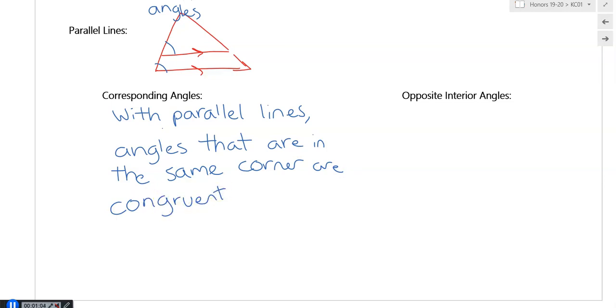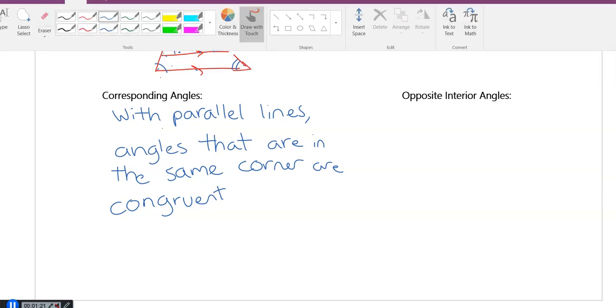Okay, so these are both above the parallel line and to the right, so they're the same corner. Same thing over here. These are congruent because they're in the same corner. So if you see these little parallel line marks, they look like little arrows, okay, then you have parallel lines.